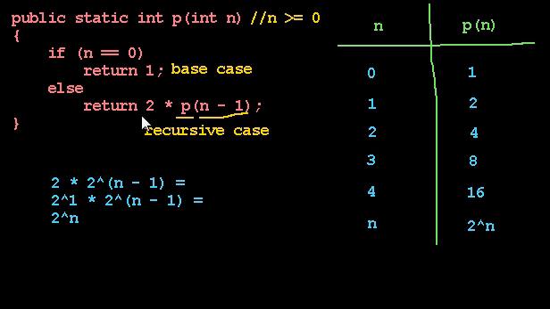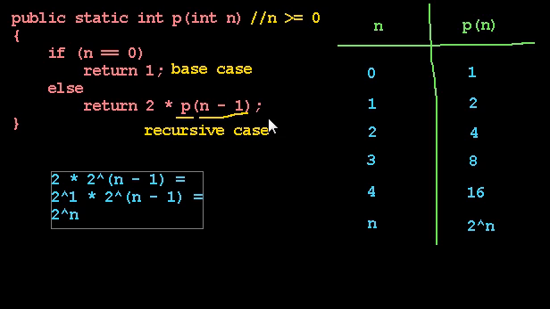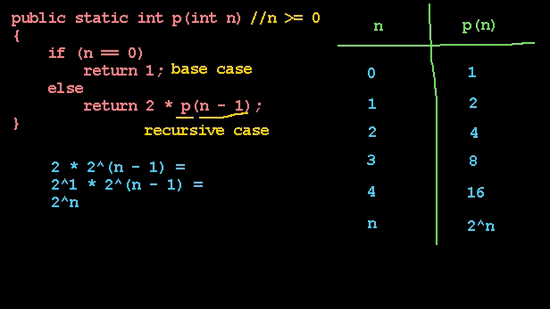So the formula makes sense. It's mathematically consistent. We know that 2 to the 0th is 1, and that 2 to the n is, in general, twice 2 to the n minus 1. That's why it works.